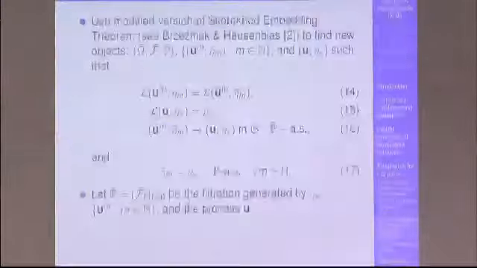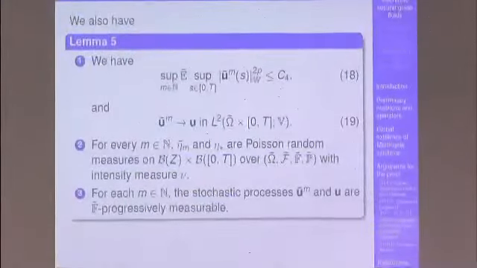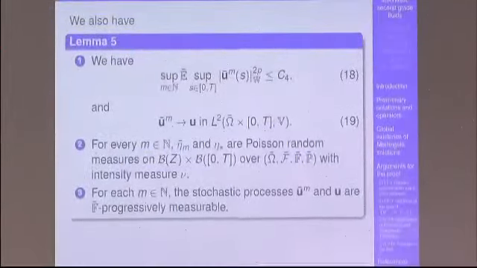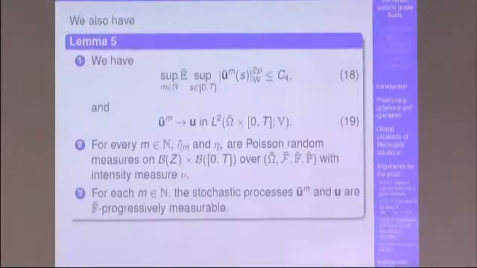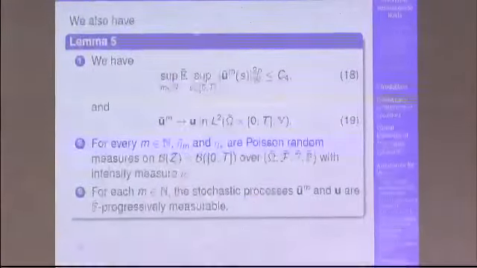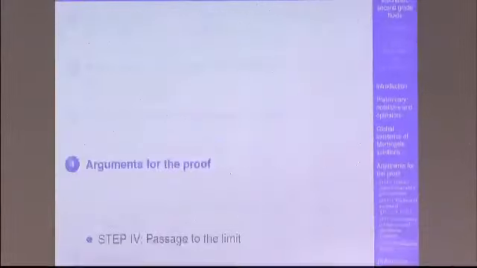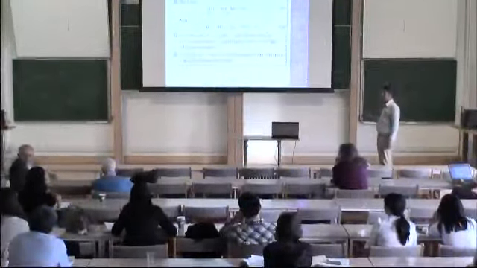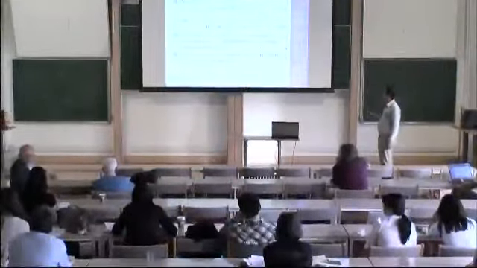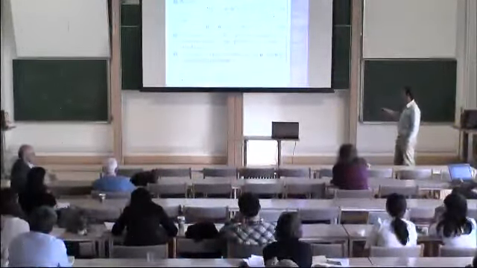And the family of laws of the Poisson random measure is tight on this space. So we can conclude easily that the family of laws of the couple is tight on calligraphic S.